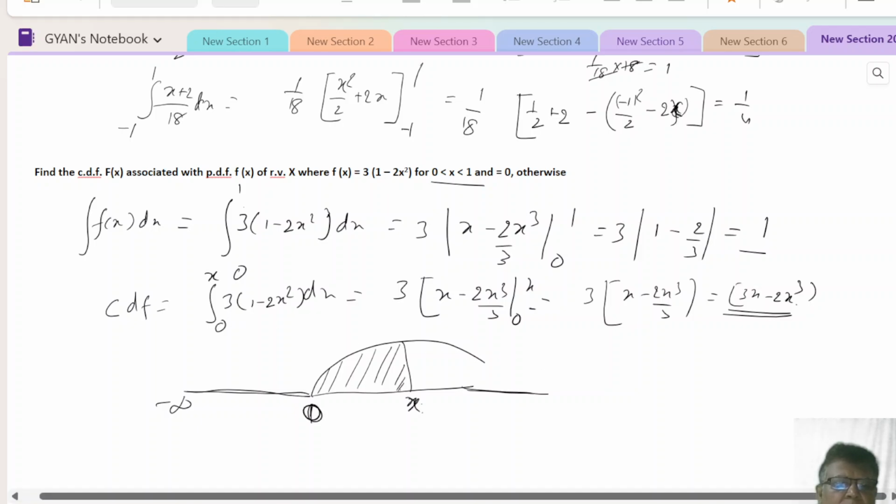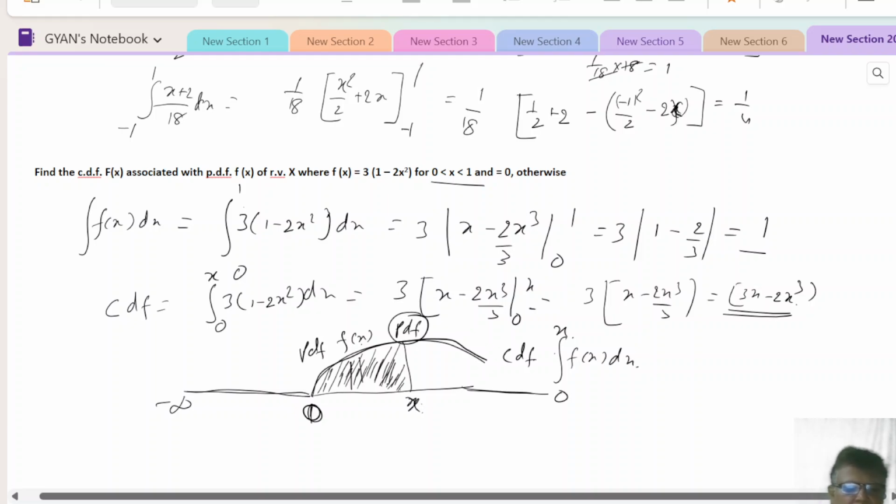So this area is cumulative density function, and this line is PDF, probability density function. Suppose this line is fx, then this area will be integral of fx into dx from 0 to x. This is CDF, and fx is PDF. Thank you.